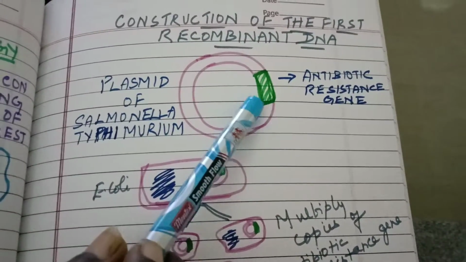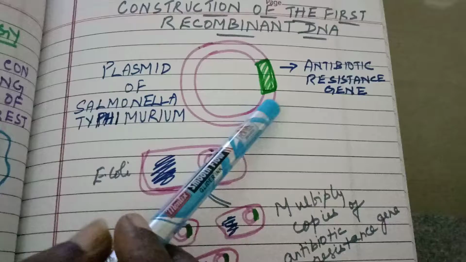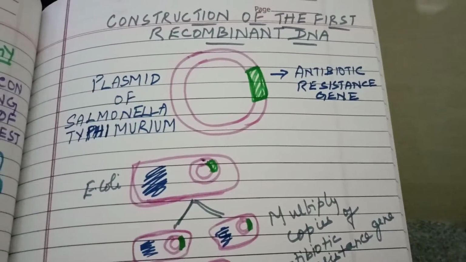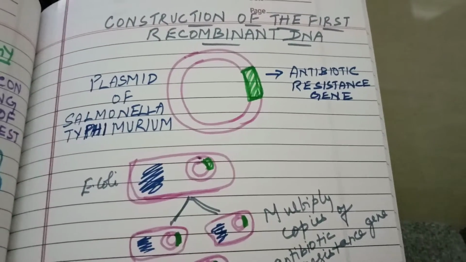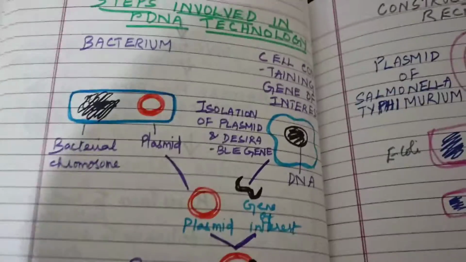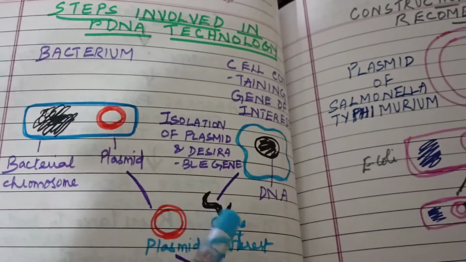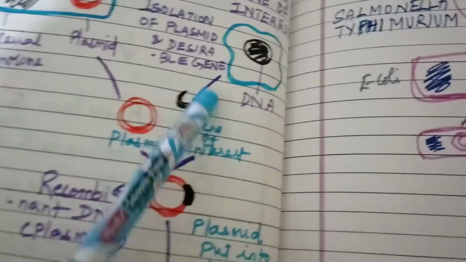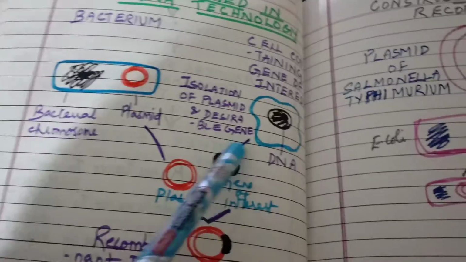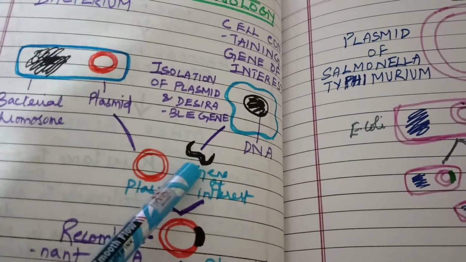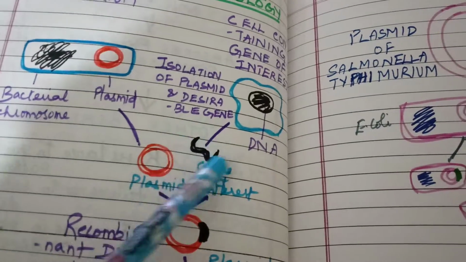Now we have to learn the three basic steps in genetically modifying an organism. You can see the previous steps. First, identification of DNA with a desirable gene, whatever you are going to take.